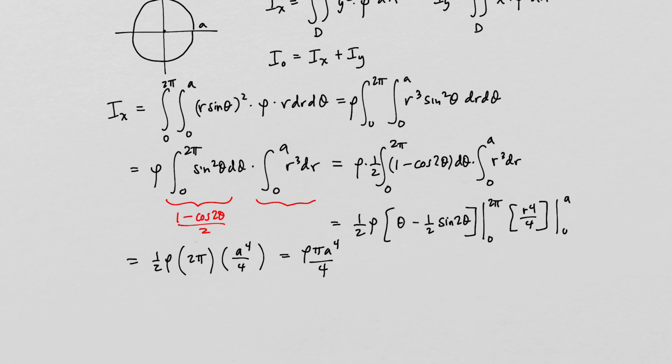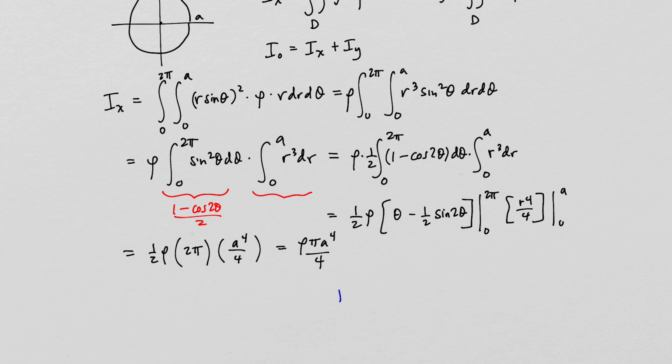Okay, so when we go to compute Iy, we are literally only going to have a plus there. So it's going to be 1/2 rho. That value is still going to be 2 pi, regardless of whether the minus changes to a plus or not. And then a to the fourth over 4. And so what you see here is that you get the same value.